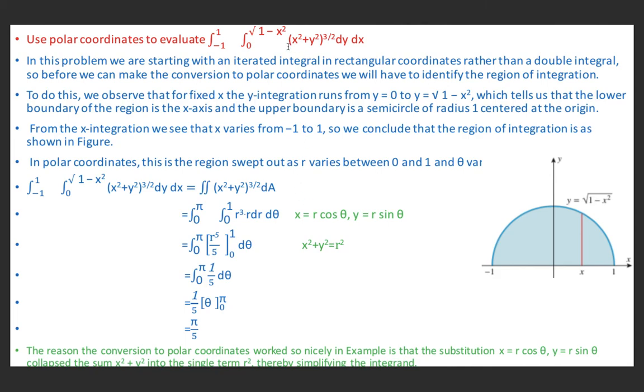Earlier it appeared to be complicated, x square plus y square raised to power 3 by 2, and now this is simple because x square plus y square is r square, so here it is only an r cube term. So whenever you see an expression involving x square plus y square in the integrand, you should consider the possibility of converting into polar coordinates. Thank you.